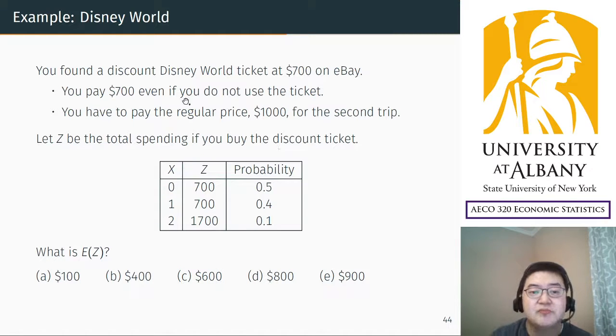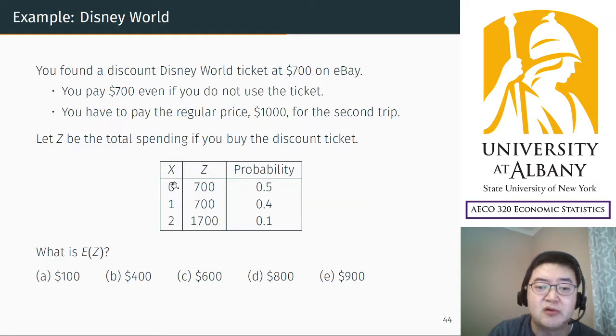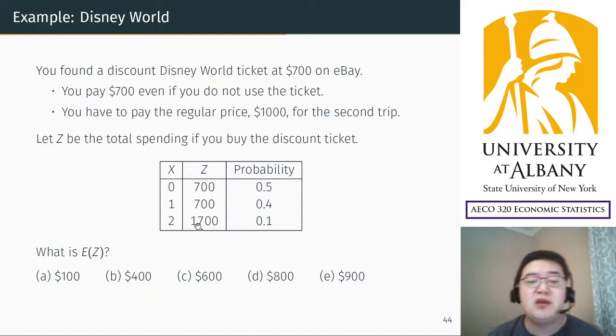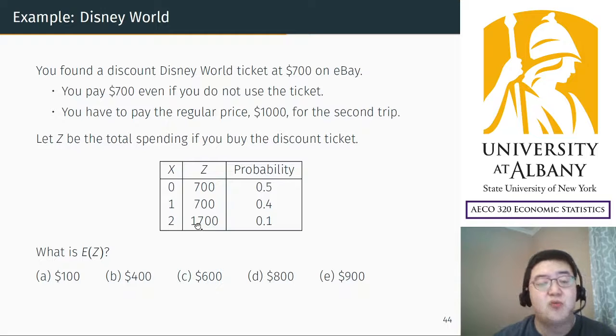If I buy the $700 ticket, then of course the total spending has to be recalculated, and I'm going to call this a new random variable z. And what I'm saying here implies these transformations. So even if I don't go to Disney World, still my spending is $700. If I go once, then it's only $700. But if I go twice, then the second trip should be at the regular price, so $1,000 for the second trip.